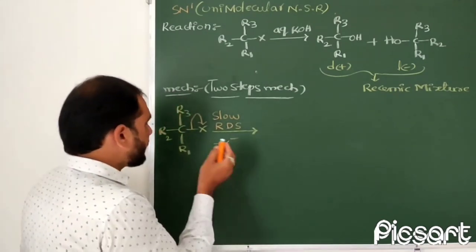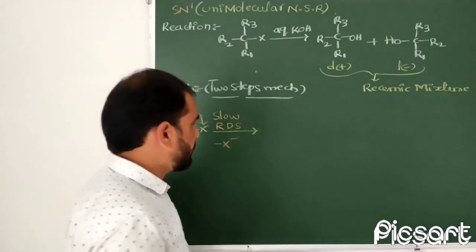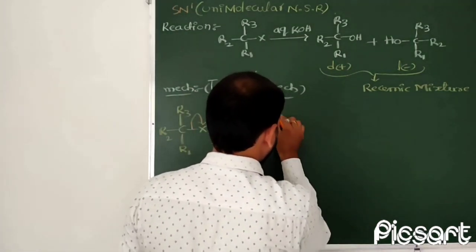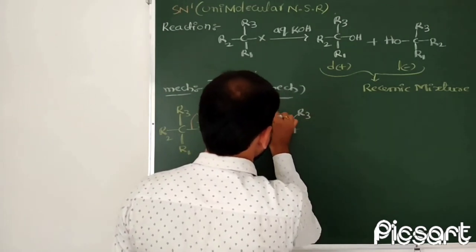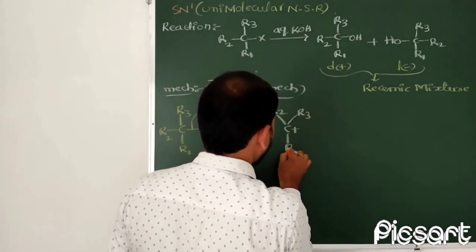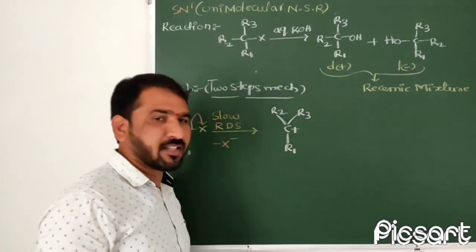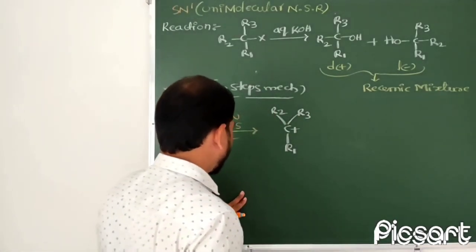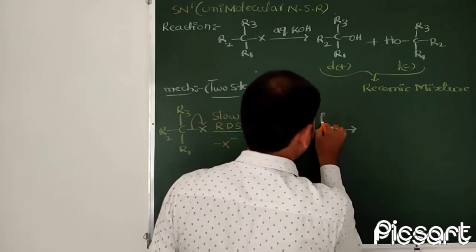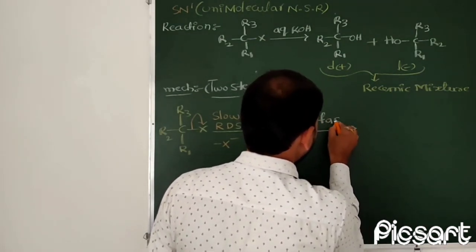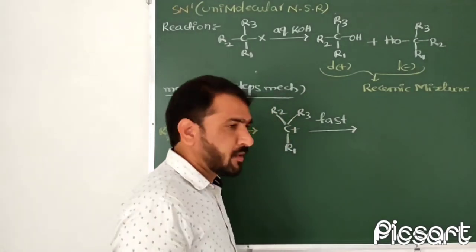After that, we get a positive charge over carbon. So this is a 3-degree carbocation. After that, the second step. This is the first step.